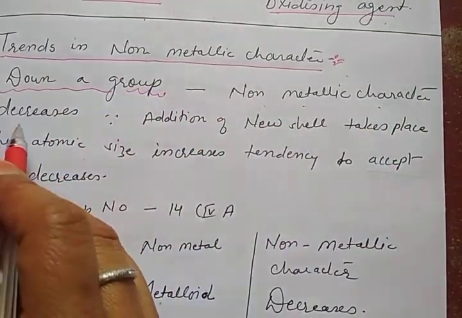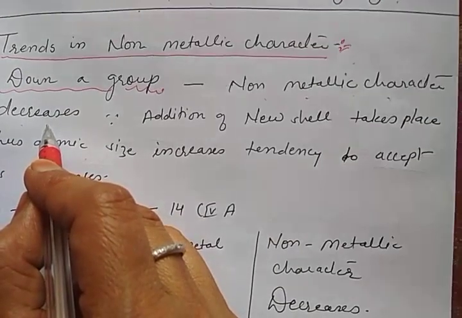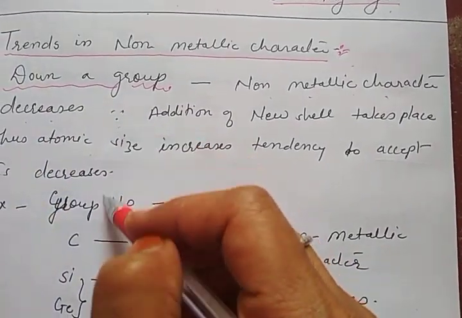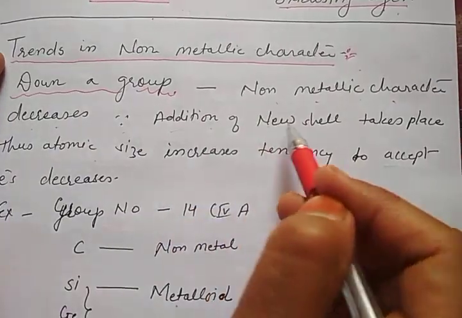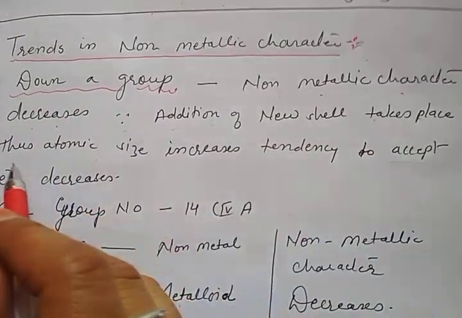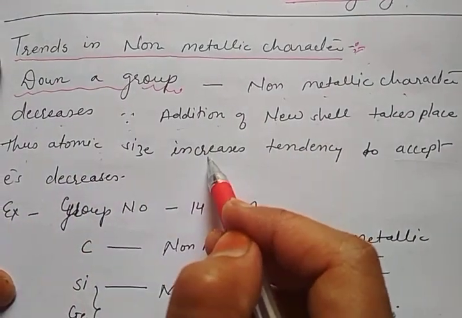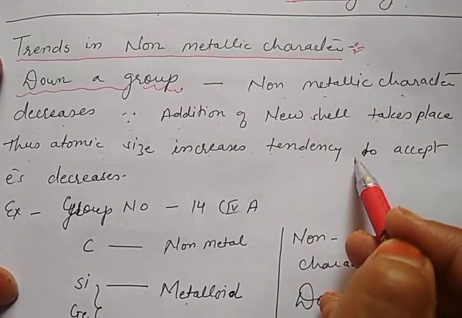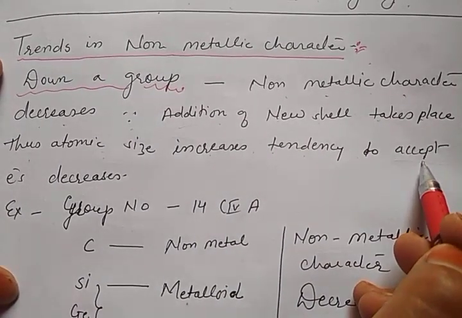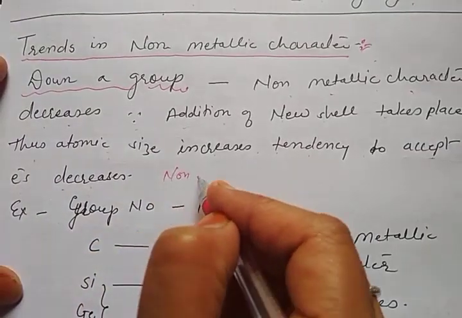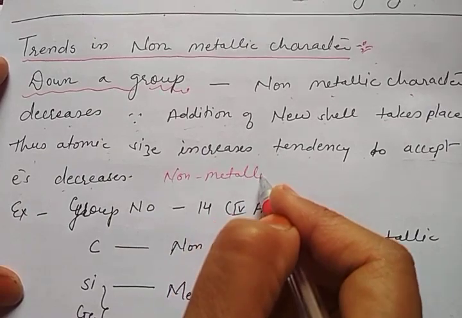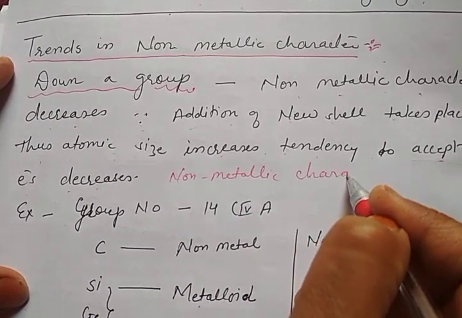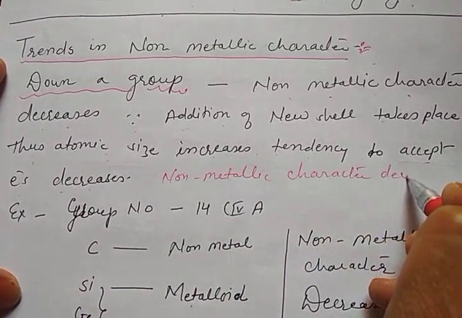Non-metallic character decreases down the group because when we move from top to bottom, new shells are added and the atomic size increases. Due to that, the effective nuclear charge decreases, so the tendency of an element to accept electrons decreases. Thus the non-metallic character decreases.